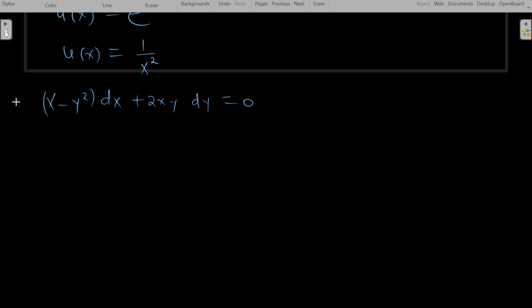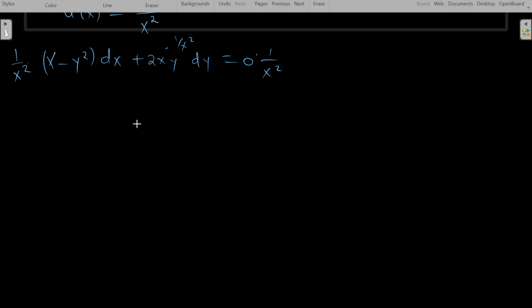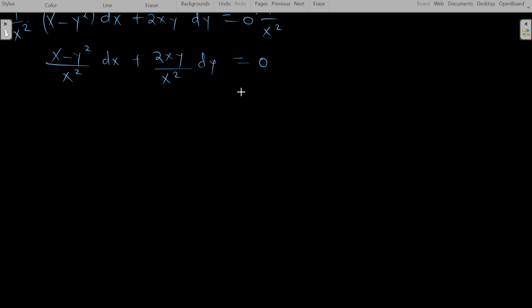I'll multiply each term with 1 over x squared. So what will we get? We get x minus y squared divided by x squared dx plus 2xy divided by x squared dy equals 0.